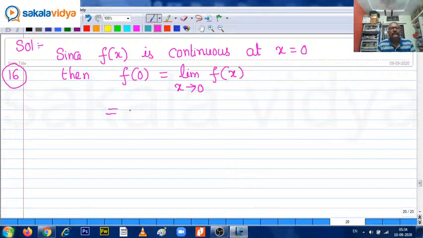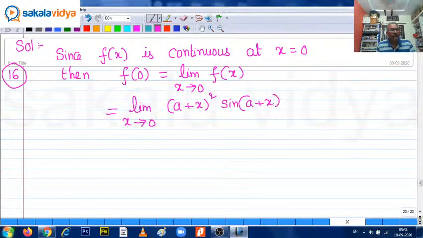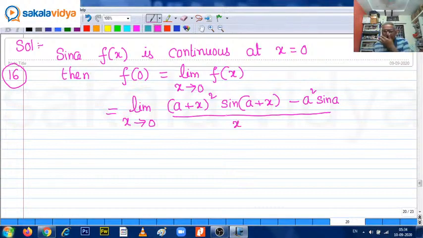So this equals limit x tends to 0. What is f of x? That is (a plus x) whole square sin of (a plus x) minus a square sin a, upon x. So first let us substitute the limit.